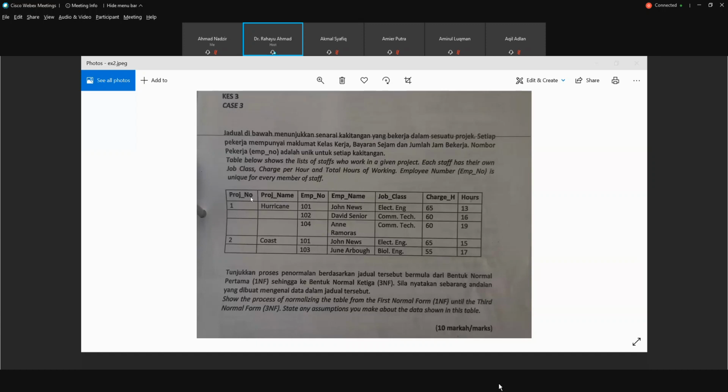So you list everything and you give project number maybe as the early primary key. Okay. The second normalization, sorry, that is unnormalized. So the first normalization apa you buat? Sekejap, saya type kat sini.